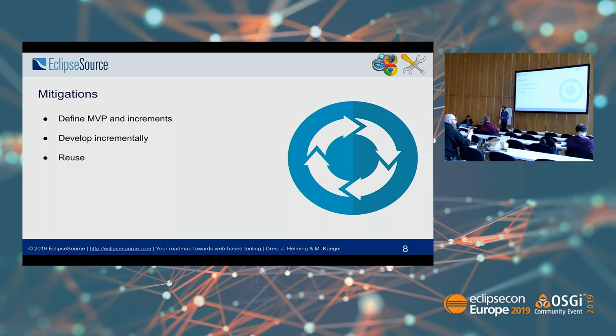And now finally, and last but definitely not least, you should try to reuse as much as possible. What do you want to reuse is, of course, available technologies. I think that's pretty obvious, but also your own components. And it's surprising how much logic or components of an existing desktop tool you can actually reuse if you find a good architecture for that.